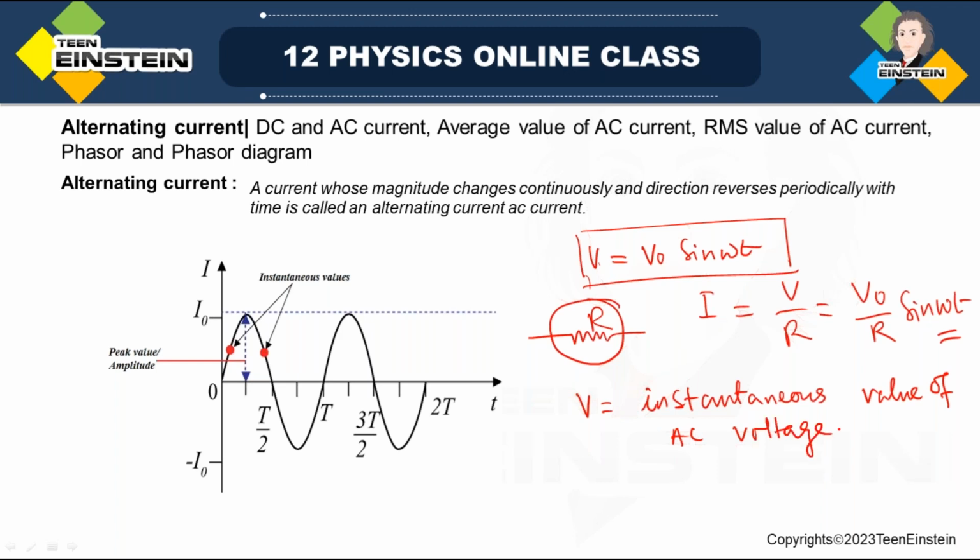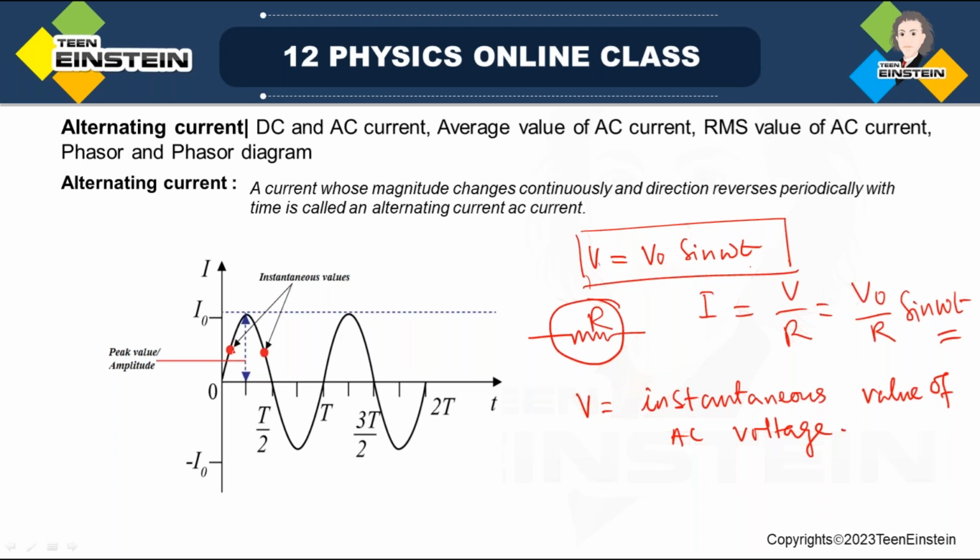I'll explain what it is. Instantaneous means it is varying with time. Each second, each time, its value is changing, because this is a function of time. If I say 5 seconds, 10 seconds, 1 second, 2 seconds, every second its value is changing.